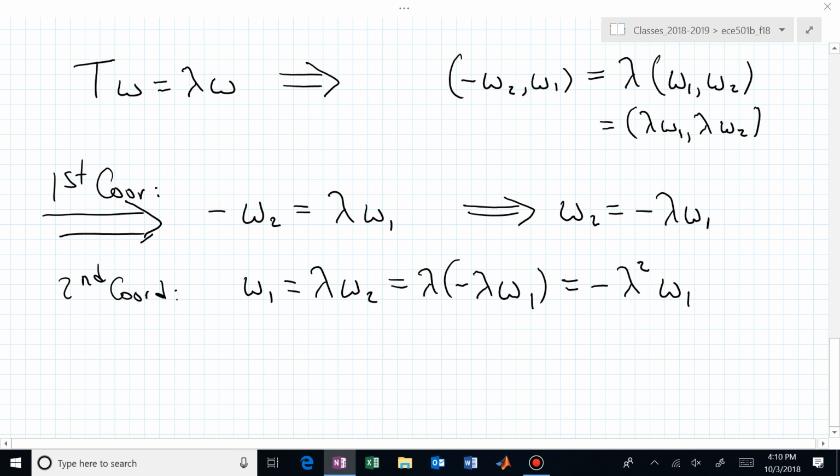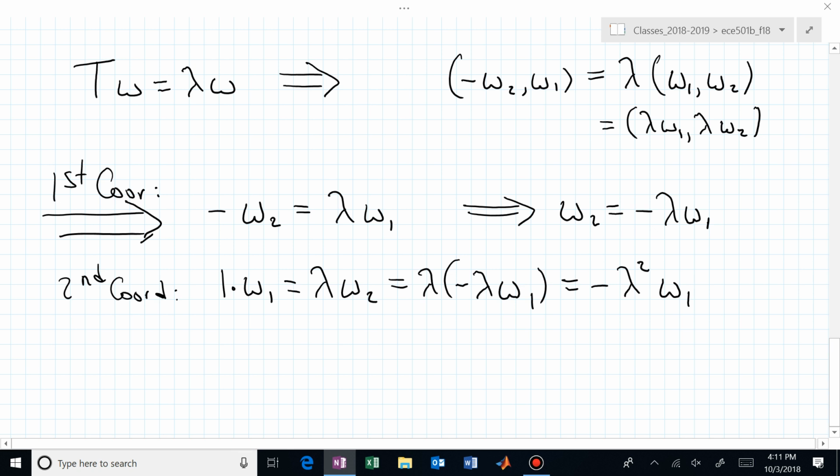If we want that to be true for all w1, then what does that tell us? Here's our coefficient on the left: we have 1 times w1, equal to minus lambda squared w1.